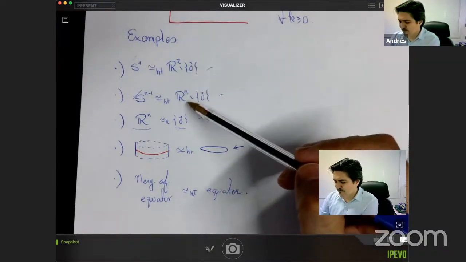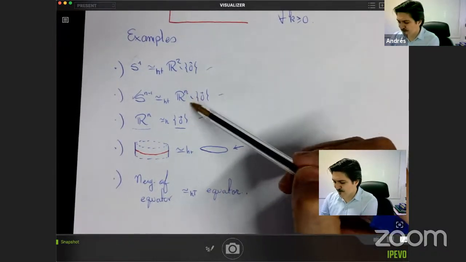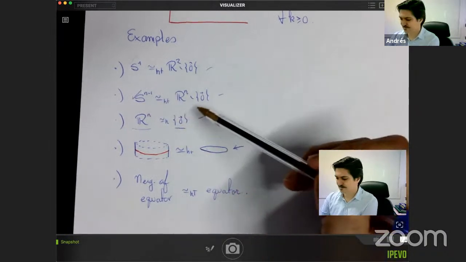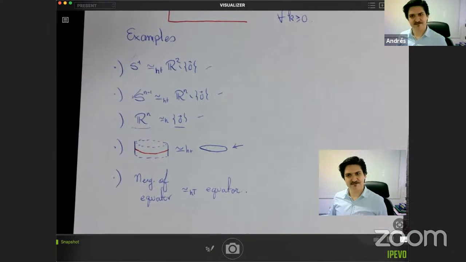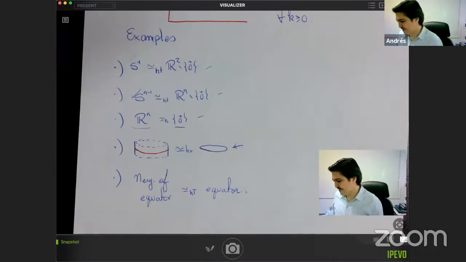Remember what was the map from this to this? It was the normalization map. If you are already on the sphere, normalization gives the same vector. It doesn't move. And we were moving along the ray.